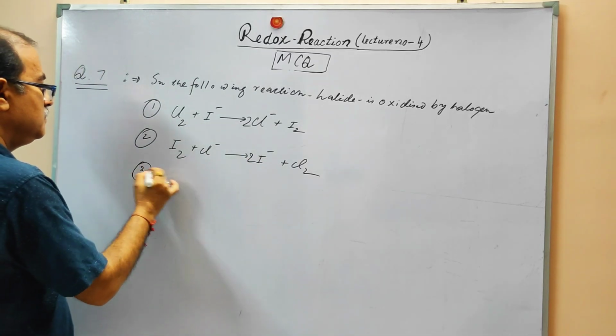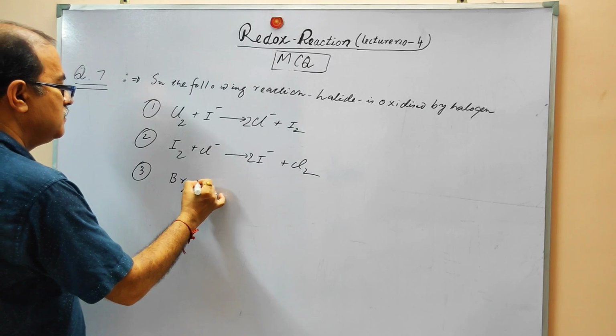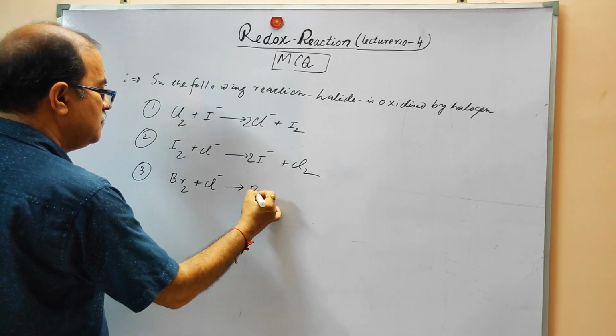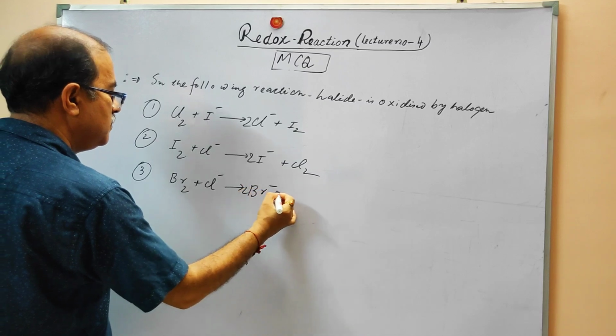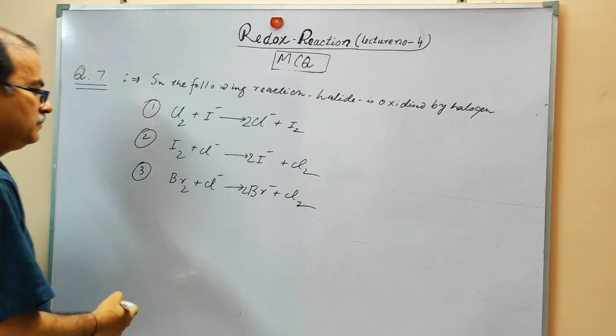The third option is Br2 plus Cl minus gives Br minus plus Cl2.